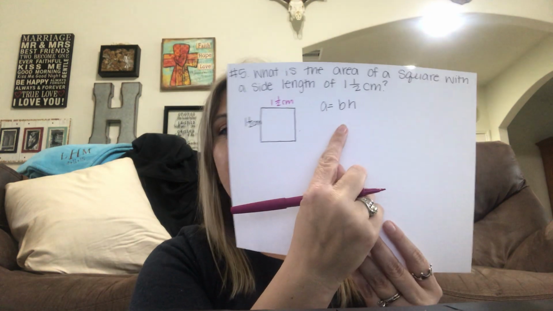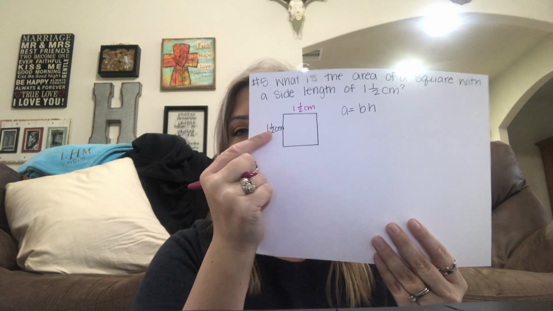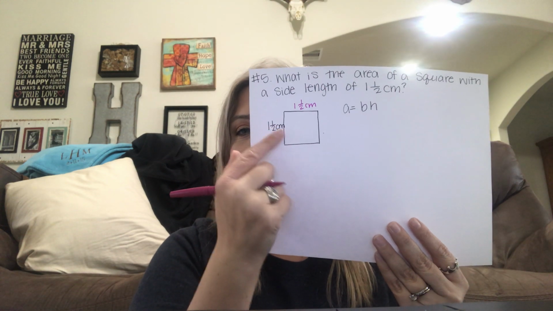As you see, I've already written that down. Now we need to find our base and our height for this square. Once again, they're all going to be the same, so I'm going to end up filling in, plugging in. We don't know area, so it's going to stay A. Our base is 1 1/2 times our height, which is 1 1/2.